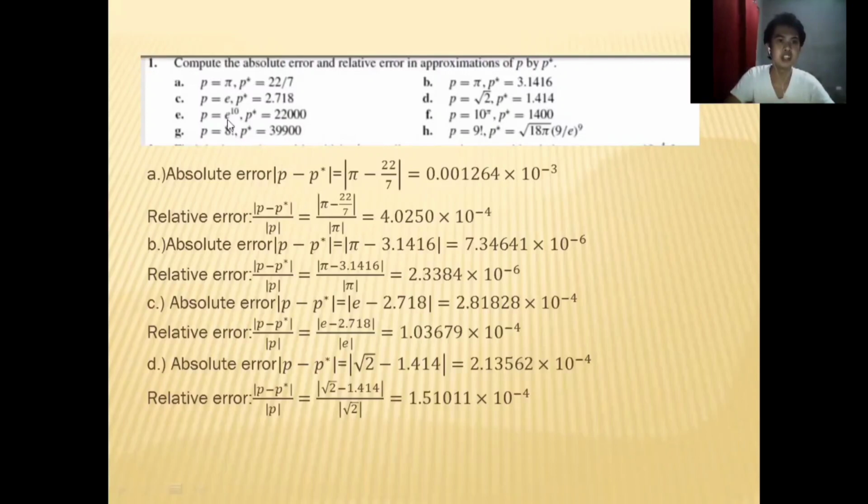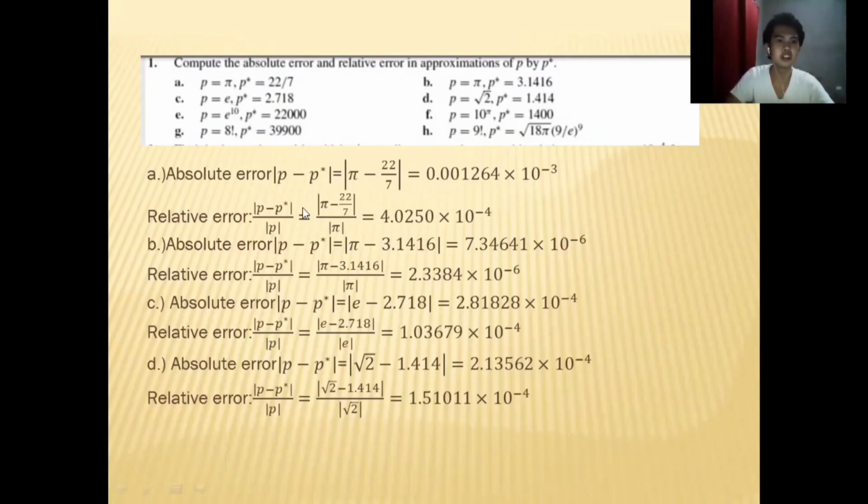So in letter A, the exact value is pi and the approximate value equals 22 over 7. So using this formula, we substitute. Absolute value of pi minus 22 over 7 equals, using calculator, 0.001264 times 10 raised to negative 3.